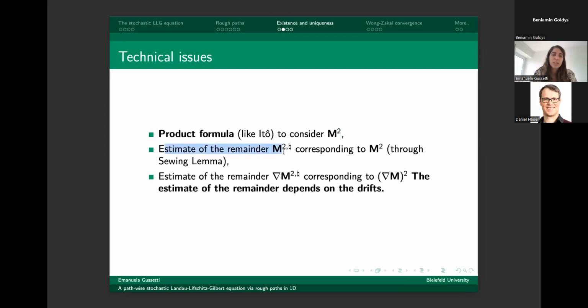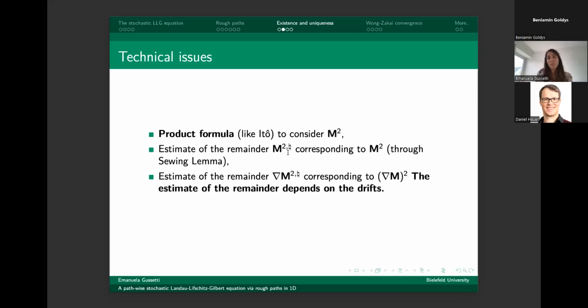Another technical difficulty is, as I said before, the estimation of the remainder for the squared equation. That is done through a classical result, the sewing lemma. Before, we saw that we derive the integral through a Taylor expansion.